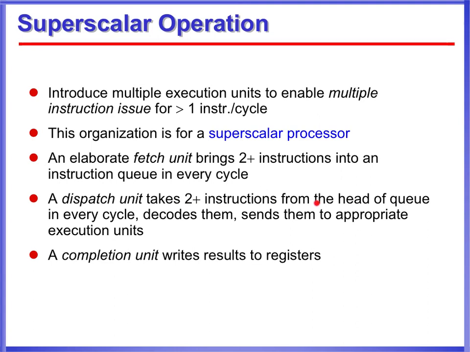It takes these instructions and puts them in an instruction queue in some order to optimize the pipeline. Then we have a completion unit, which writes results to registers. We're doing the same kind of stuff, but with bigger, more sophisticated blocks. Again, we're not going to look at the nitty-gritty details of how it's done inside, just an overview of what's going to happen.